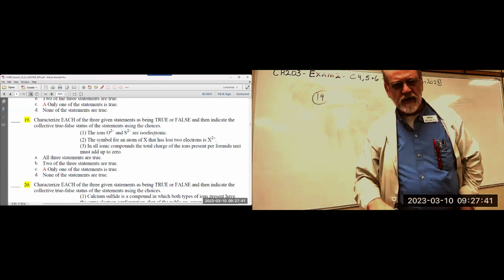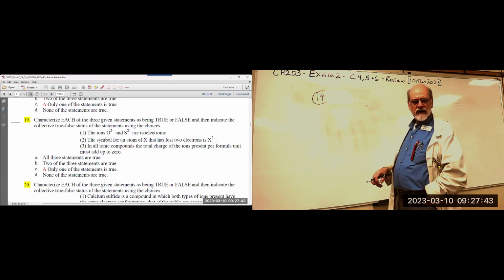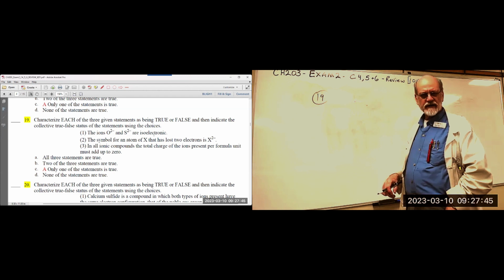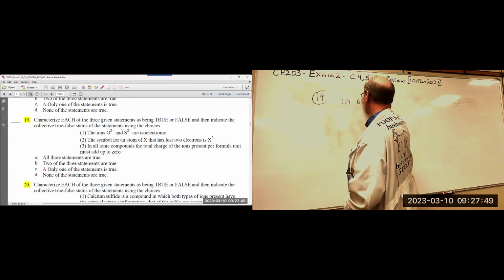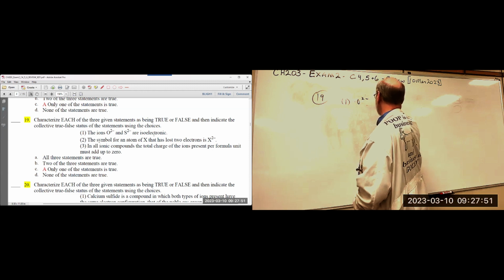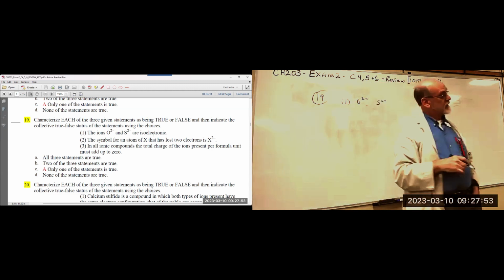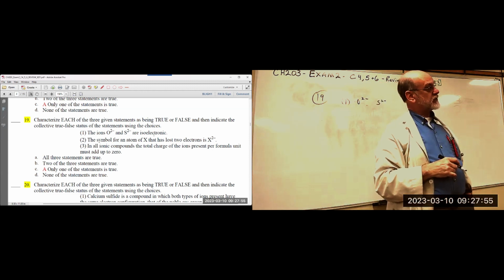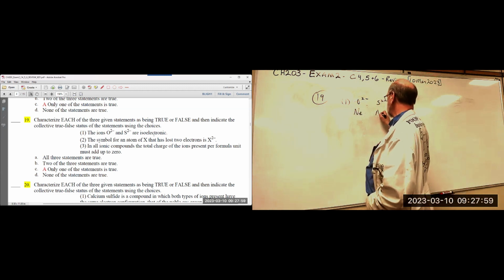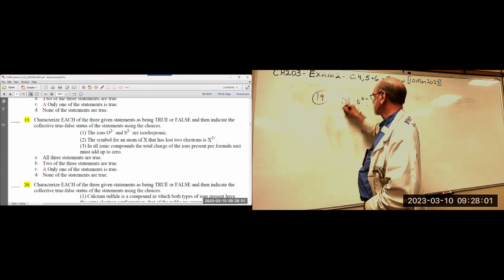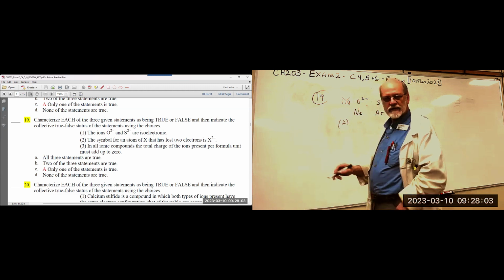Okay, is this true? The ions O2- and S2- are isoelectronic. O2- and S2-. Well, add 2 electrons to oxygen, you get neon. Add 2 to sulfur, you get argon. So that's false. How about 2?